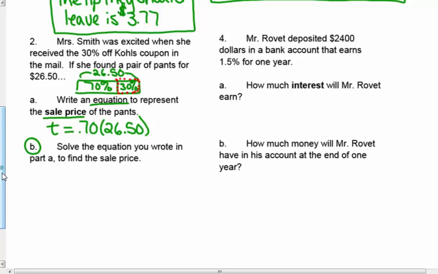Number 4, Mr. Ove deposited $2,400 in a bank account that earns 1 5/10% interest for 1 year. How much interest will Mr. Ove earn? Well, if I bar model this, he's got $2,400 in his account. So that's what the bar is worth. All of this is worth $2,400.